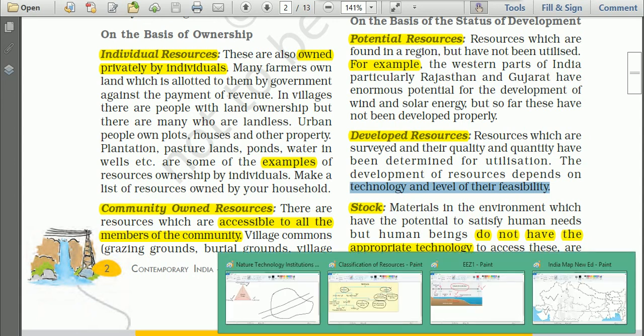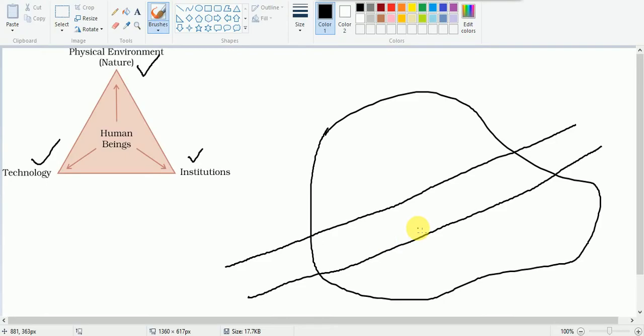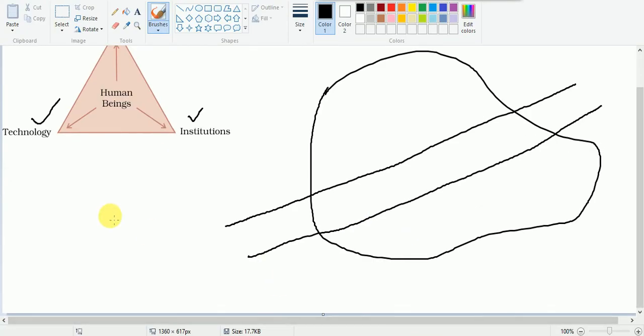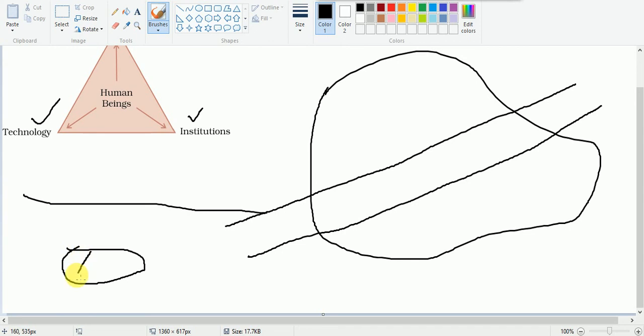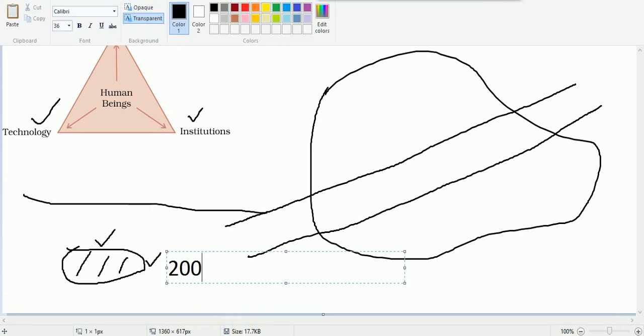So for example, here in the underground we have a seam of coal. Using sounding machines, these geologists have identified the type of coal found here, say for example anthracite. They have known the quality, and what is the total quantity found here. Let us say it is about 2000 metric ton.